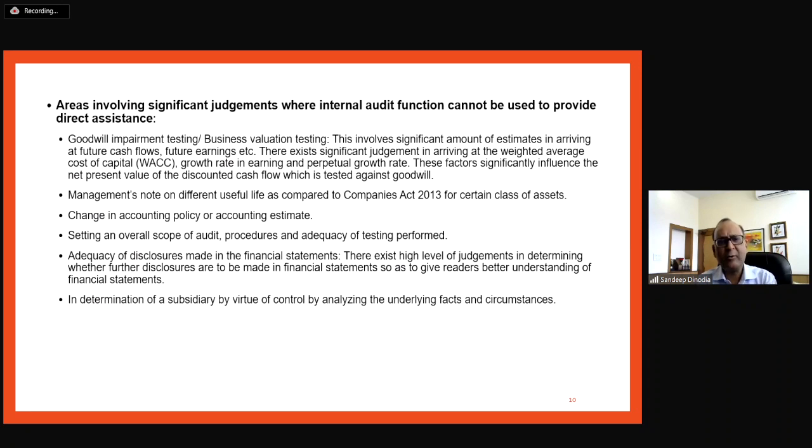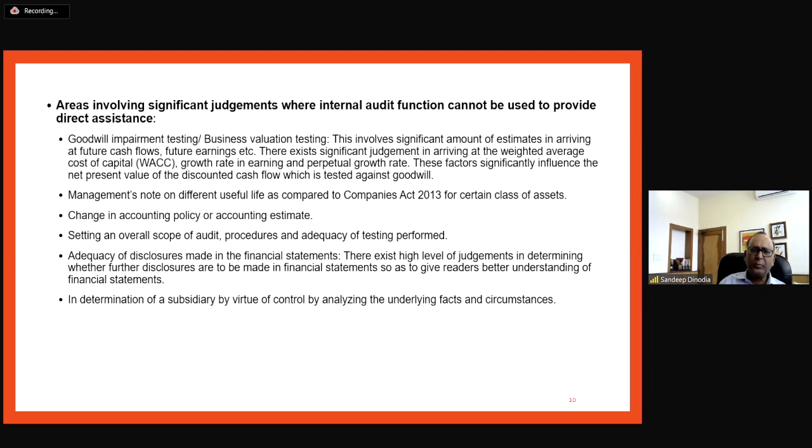A change in accounting policy or accounting estimate is again a very significant aspect which goes to the root of the preparation of the financial statements. And here again, the external auditor cannot shift his responsibility to the internal auditor for forming a judgment on these issues.